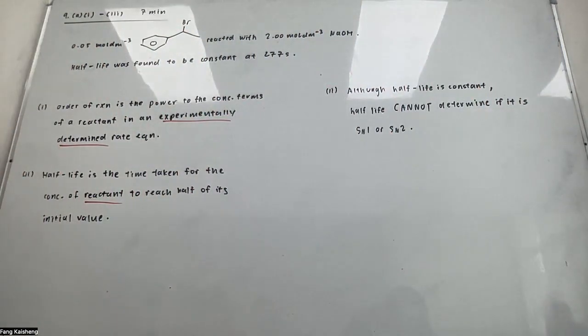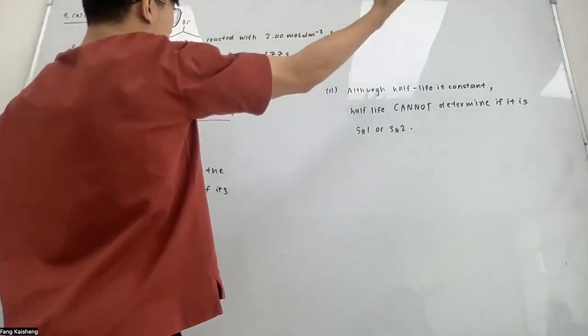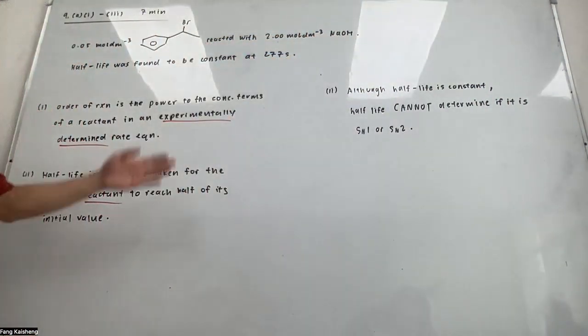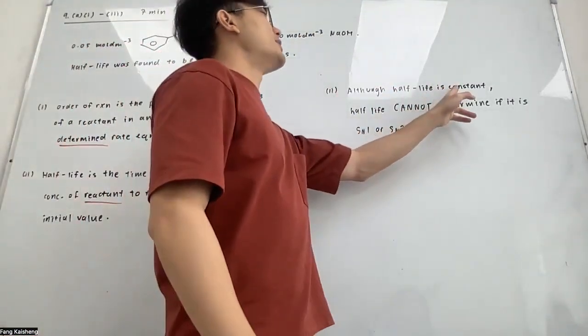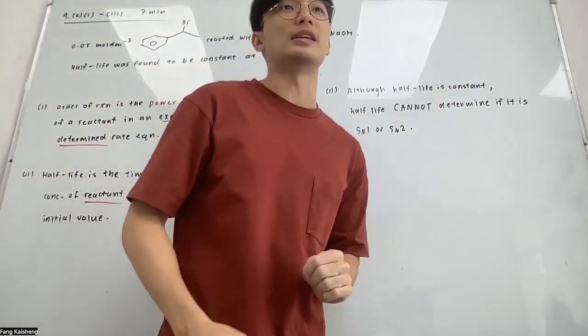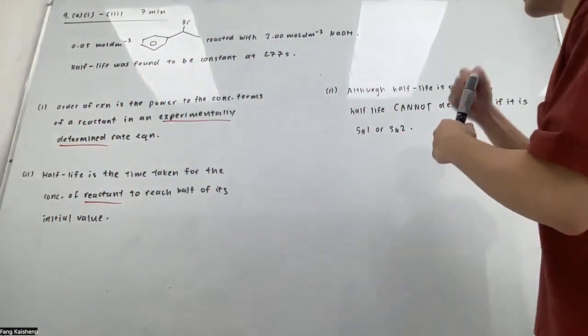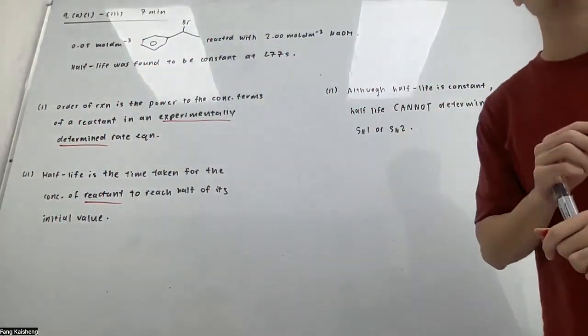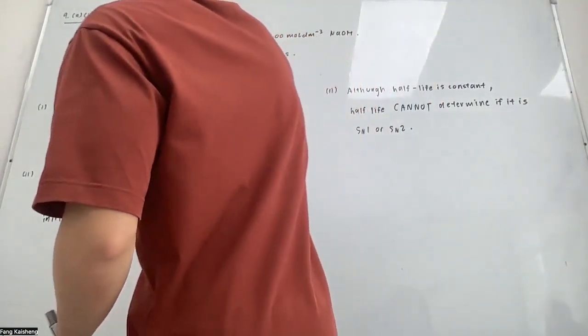You conducted this experiment with the halogenoalkane, and obviously this is the nucleophile. Then they measure the half-life. Look at part 2: although the half-life is constant, it cannot determine whether it's SN1 or SN2. First of all, what does it mean when the half-life is constant? They say the half-life is constant at 277.